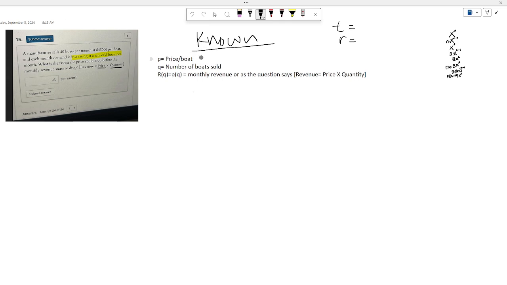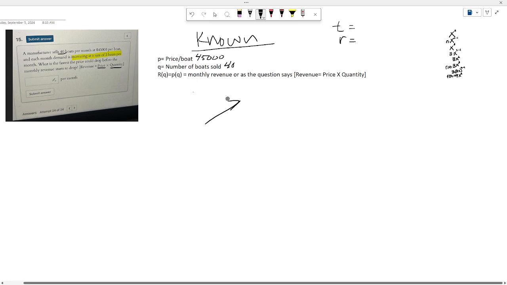So let's go over it. The price of the boat is $45,000. Almost. We'll come to that in a second because this question is very tricky. The number of boats sold is, sorry, 40, but it's increasing, so it's going up at 3 boats per month.